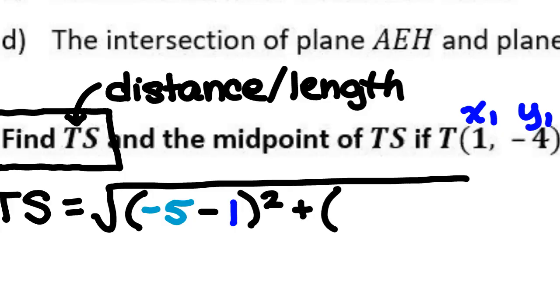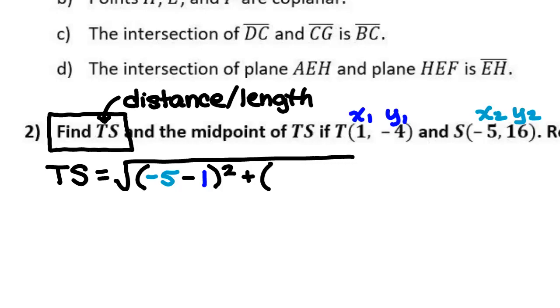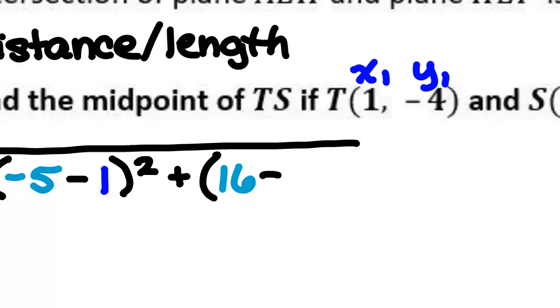Plus, and then in our other set of parentheses, we do y2 minus y1. So that's going to be 16 minus, what is our y2? Negative 4. Close the parentheses and square it.